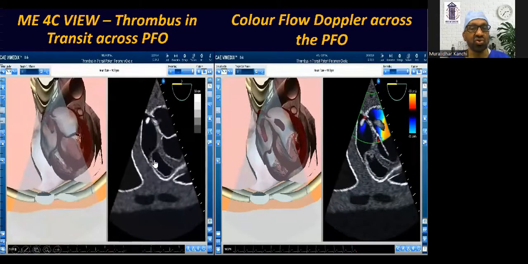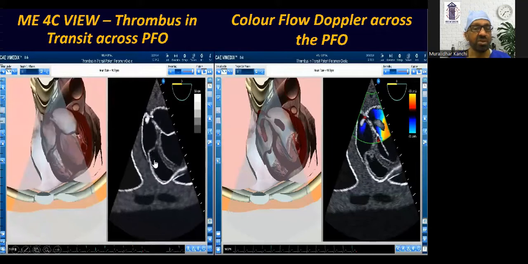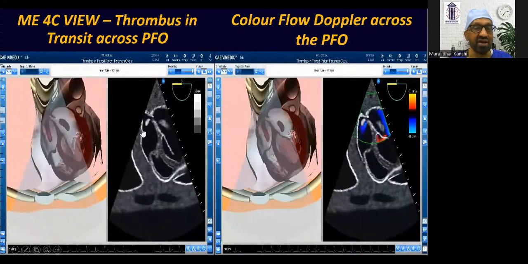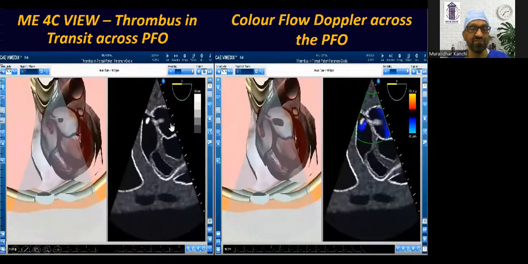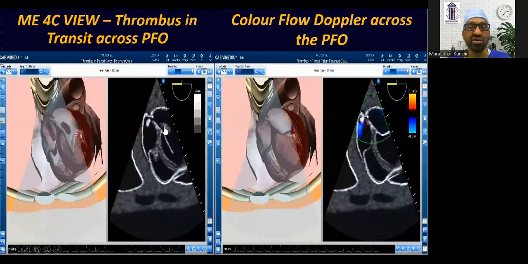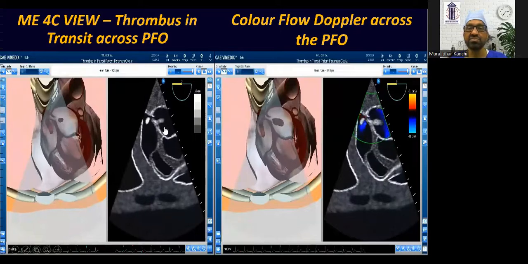This shows the thrombus in transit from the right atrium to the left side. This is the reason for the patient's neurological deficit in the form of right-sided weakness.